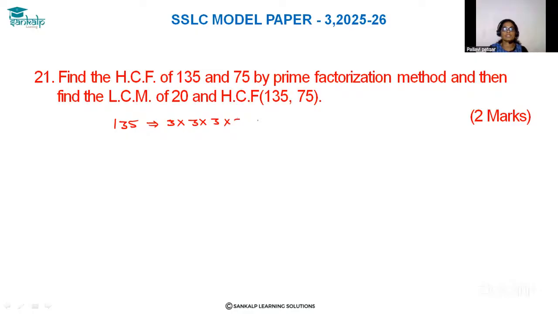So this is equal to 3 raised to 3 into 5 raised to 1. The prime factorization of 75 is 3 into 5 into 5. 5 fives are 25, 3 fives are 15. So this is equal to 3 raised to 1 into 5 raised to 2.